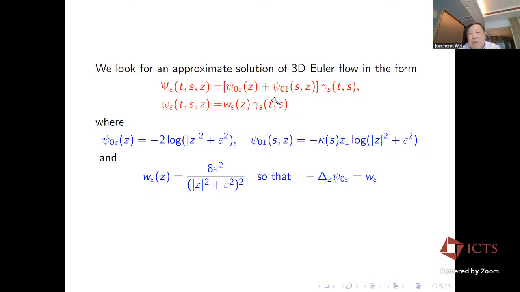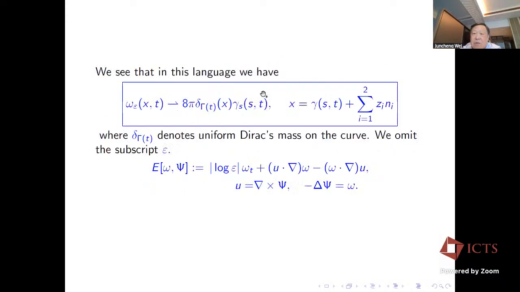Now it turns out that because of the curvature, you have to correct the Wei function by the curvature kappa. This is because of the Laplace term.